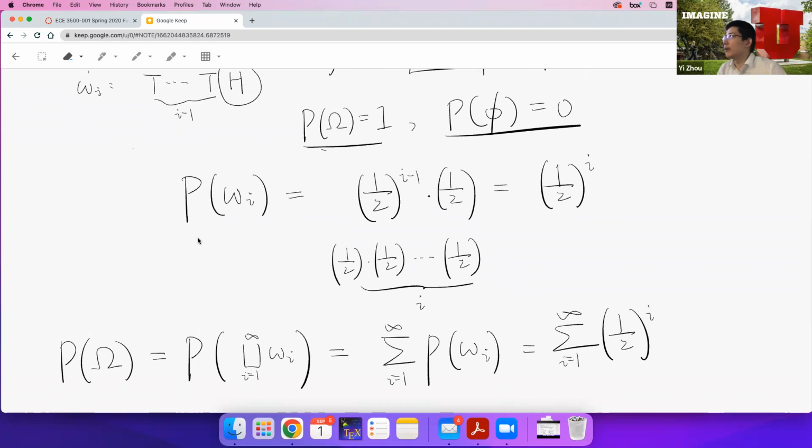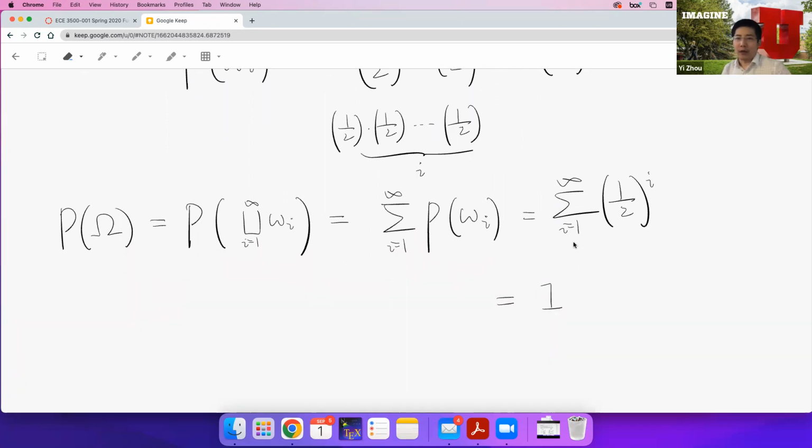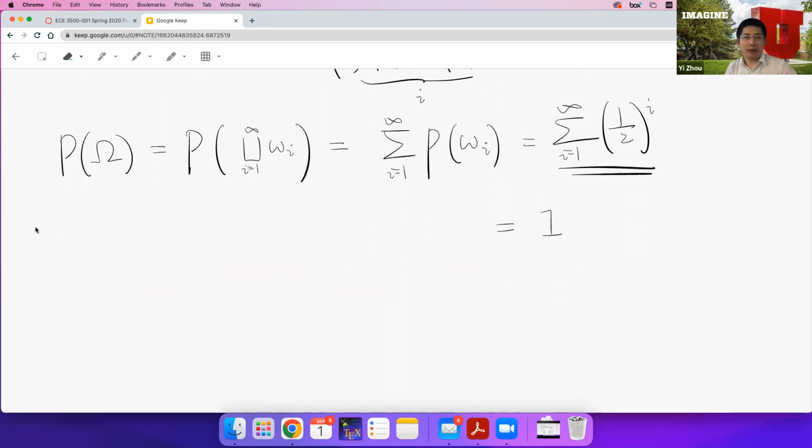Okay, this one, right? If we have the summation over a to the power of I, this would equal the first term, which is a, right?